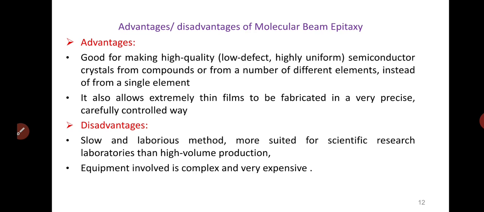The disadvantage of this method is that it is a slow process, more suited for scientific research laboratories than high volume production. And in this method, the equipment involved is complex and very expensive.